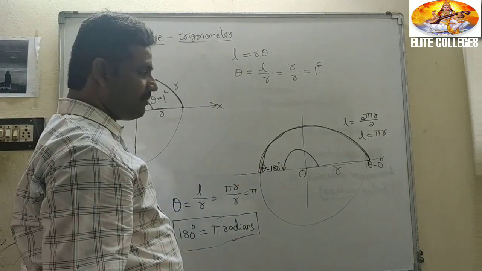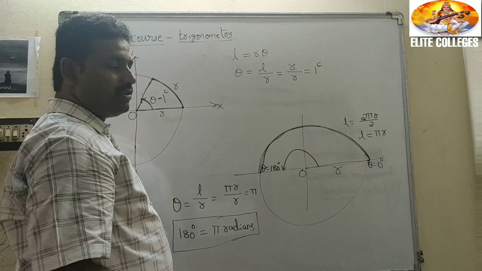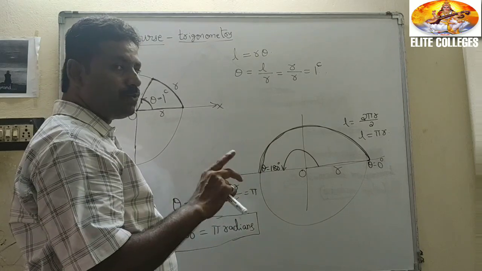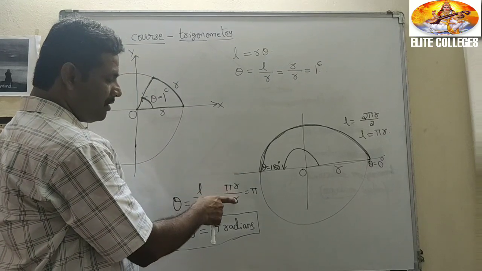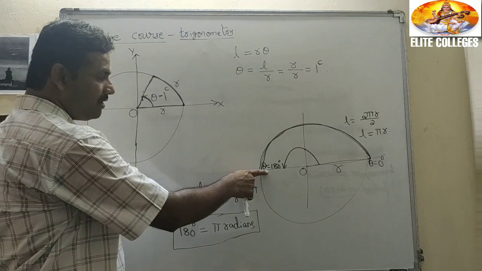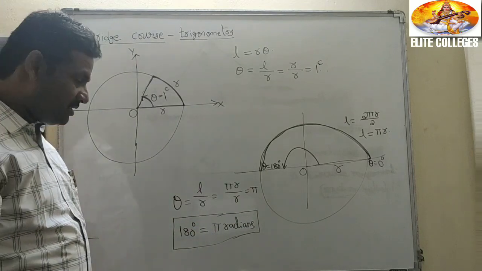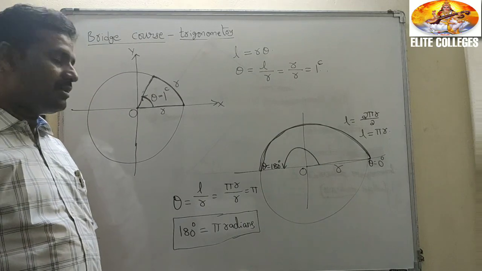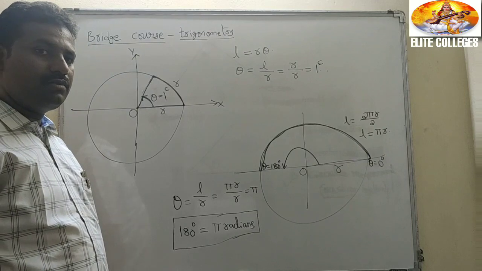Half of the circle, the semicircle. Circumference of circle is 2 pi r, half of that is pi r. Arc length pi r by radius of circle is equal to pi. So 180 degrees equal to pi radians. This is the relation between the radians and 180 degrees, right?